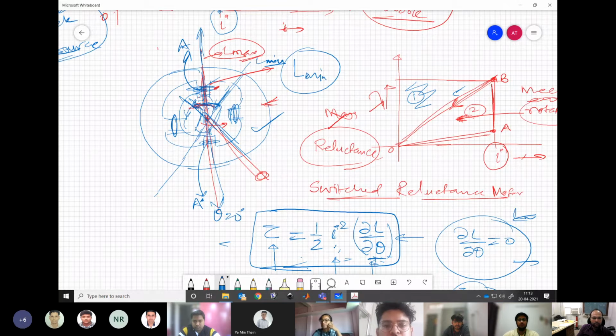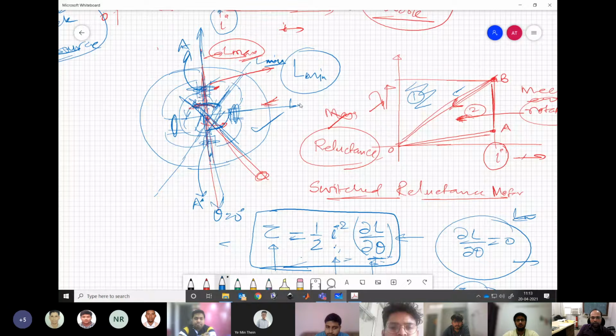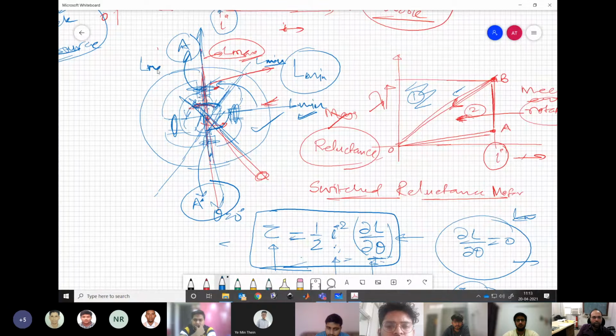Here it is aligned fully. Now it starts going away. When it is at 90 degrees, it will be completely out of this position. That means here, with respect to coil A, we will have L minimum. And then again it starts going towards this A coil, so it will start coming towards L max and so on.